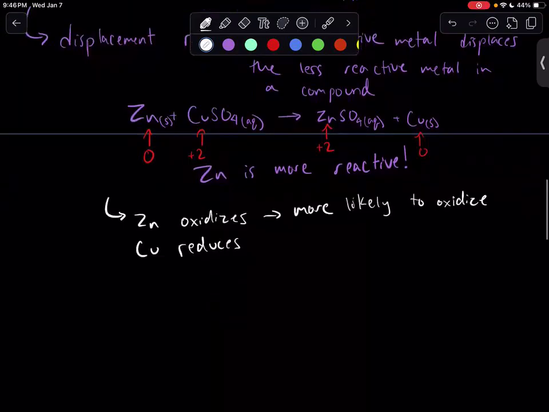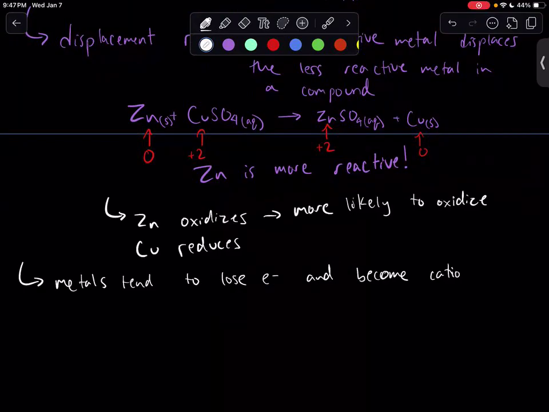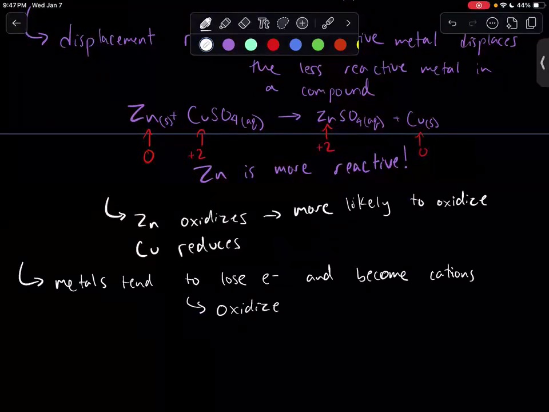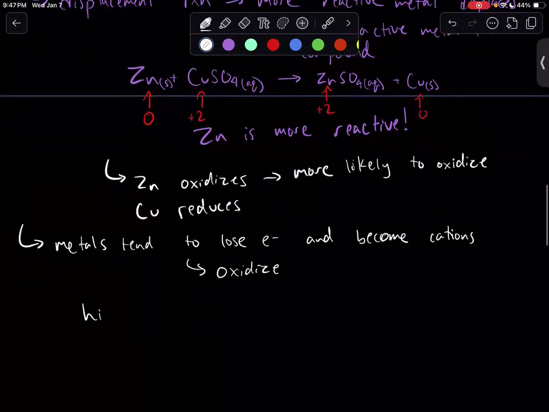What we know about metals as a whole is that metals tend to lose electrons and become cations, which is just another way of saying they tend to oxidize. And so if they have a higher tendency to oxidize, that also means higher reactivity.